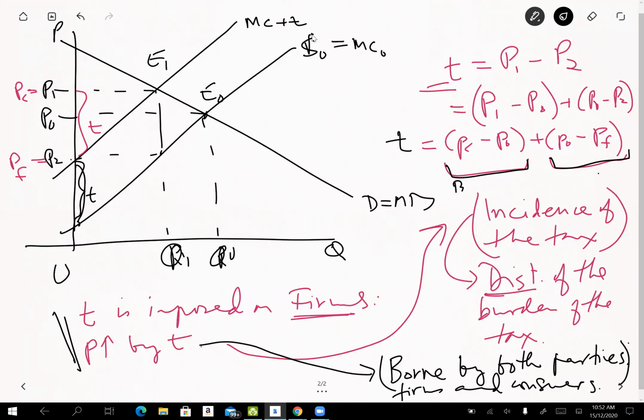So here, burden on consumers. Okay, what about this one? This one, burden on firms. So the burden of the tax will be shared by both parties, okay? The firms and the consumers.